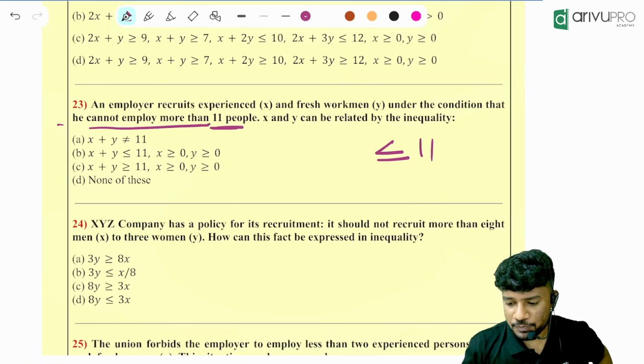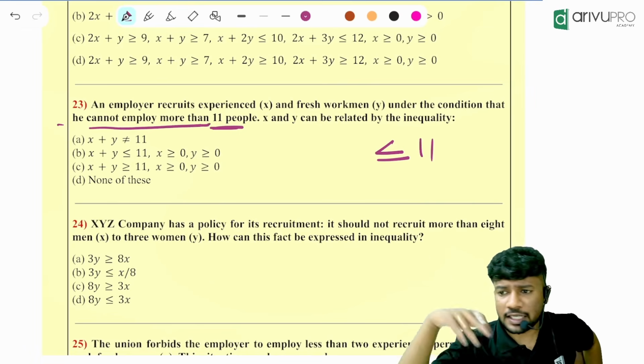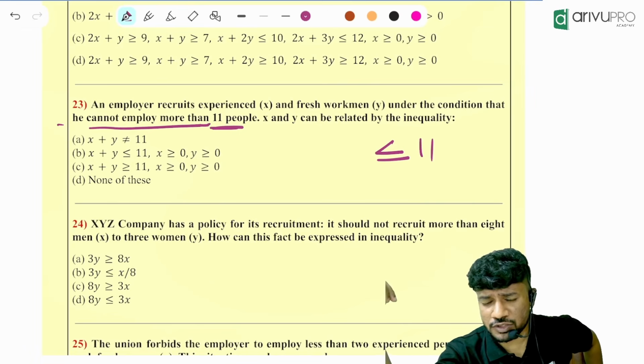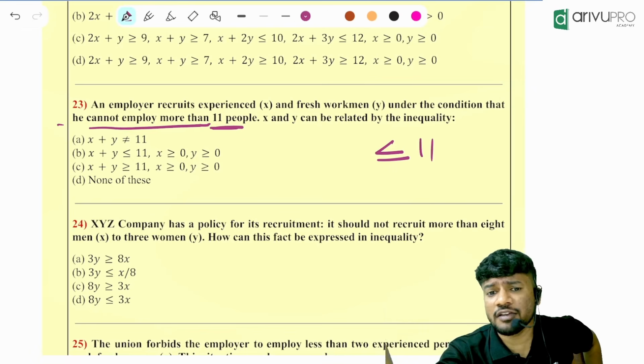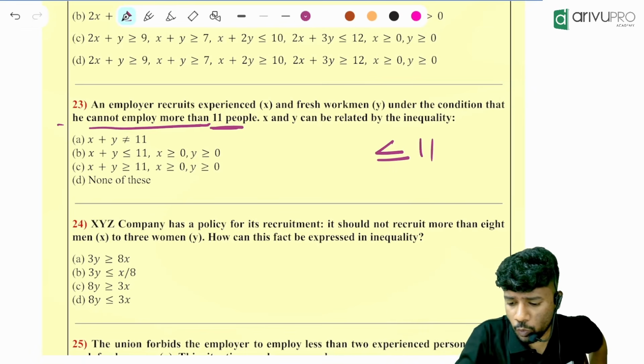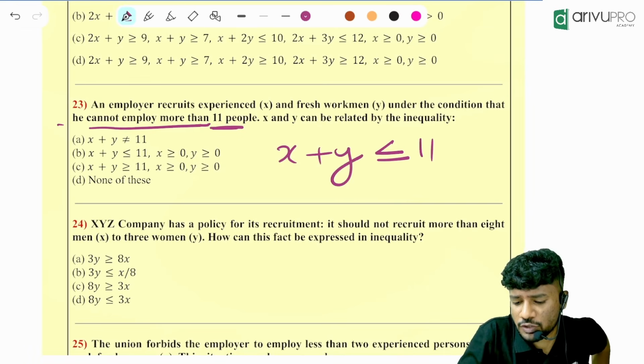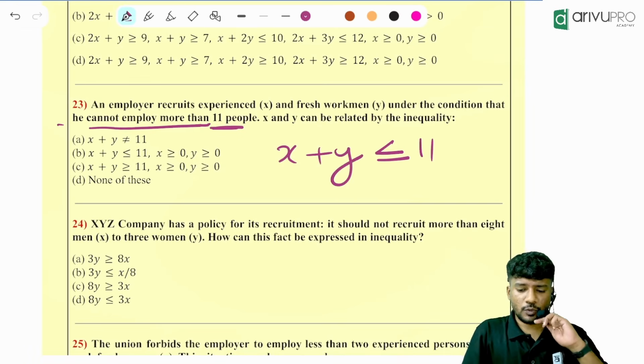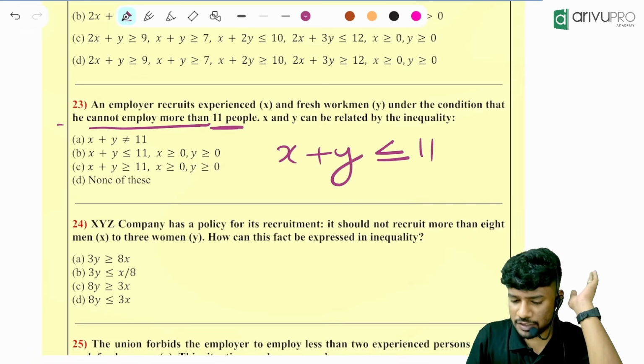Now you tell me, I am having a company. I can hire X experienced and Y freshers. So the total number should be X plus Y. So the condition is X plus Y should always be less than or equal to 11. That is one condition.